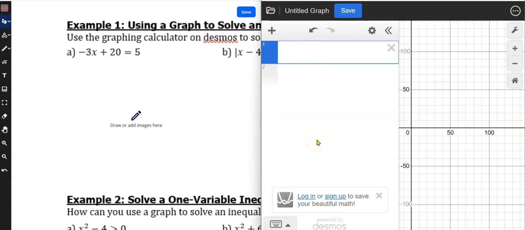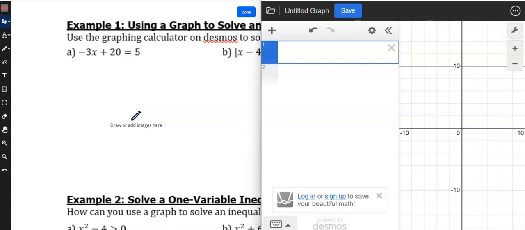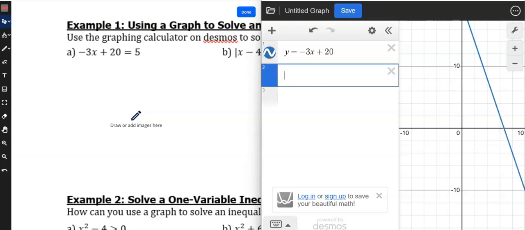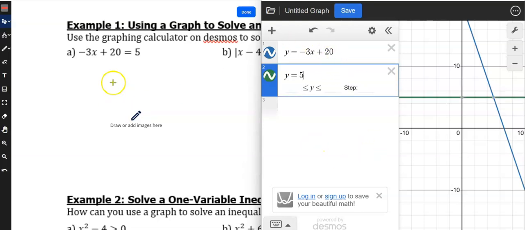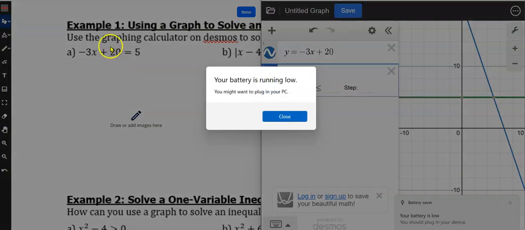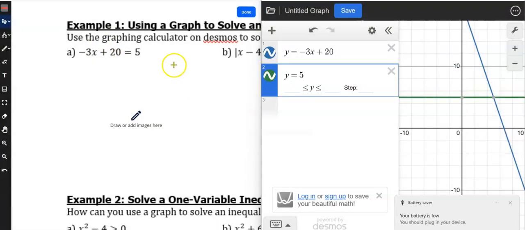So we're going to start with, let's kind of zoom in here, y equals negative 3x plus 20 as one of my equations, and the other equation is y equals 5. Now the cool thing, I put one equation on one side and the other equation on the other side.